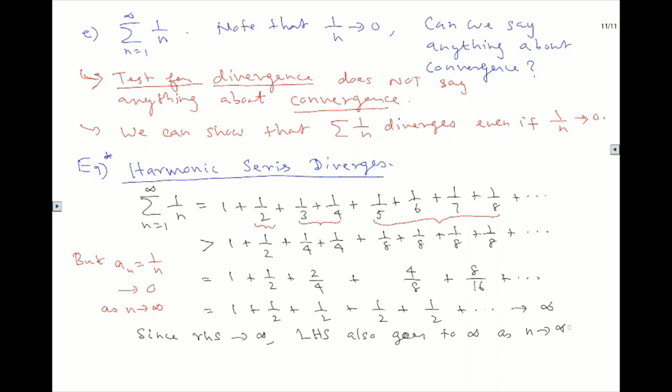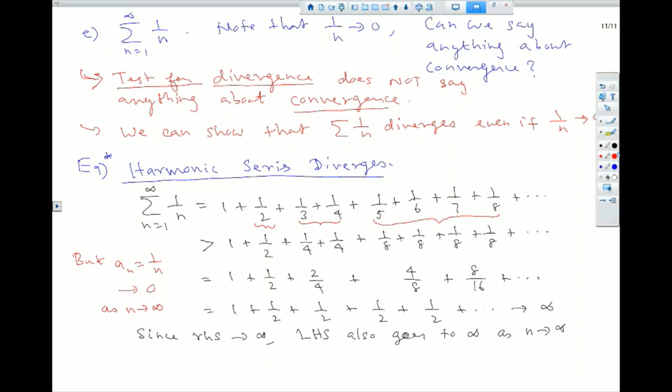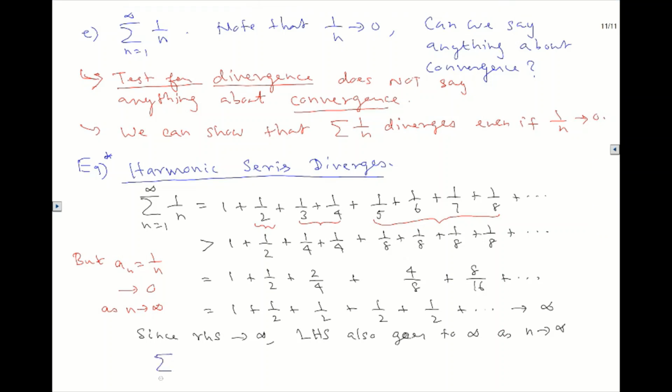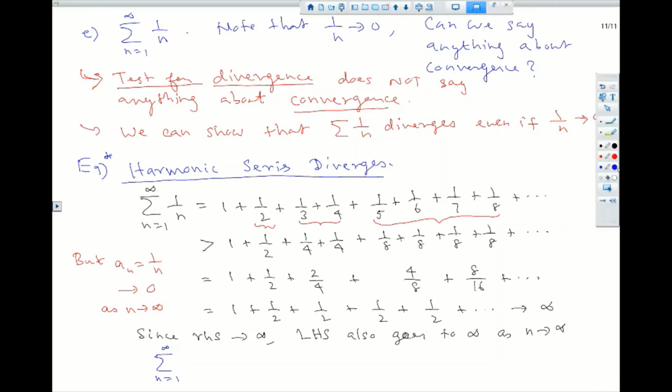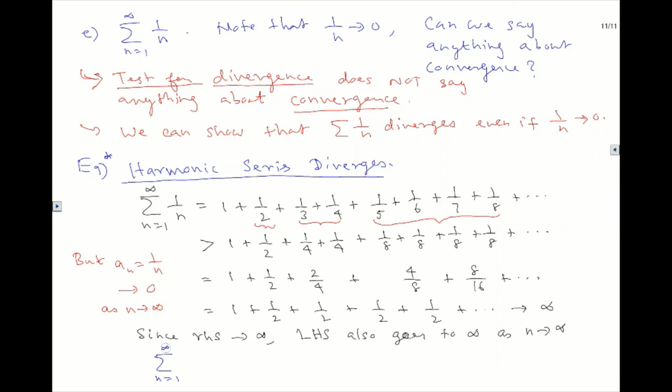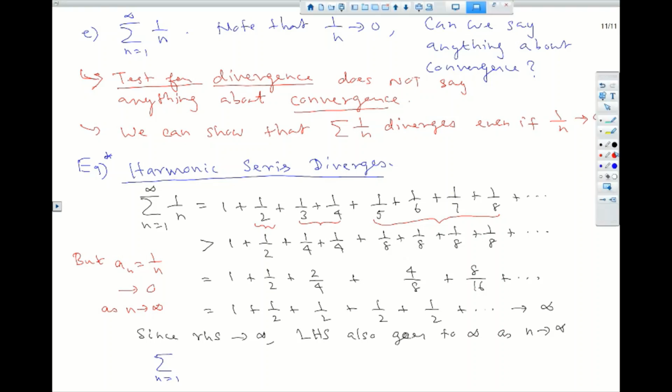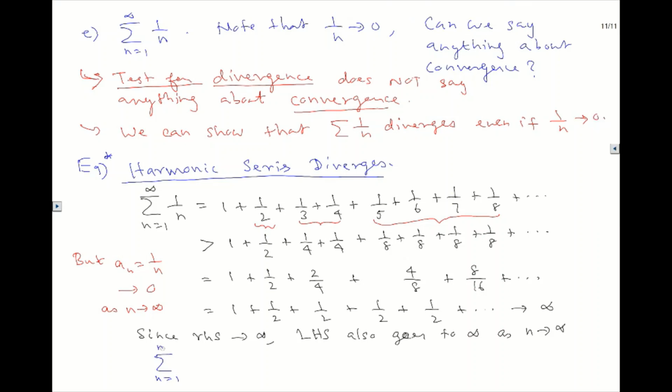So for example, this converges very, very slowly. If you want to find how many terms you need, let's say you're adding m many terms. The question is how many terms you need to add of this series to get to just bigger than 20.